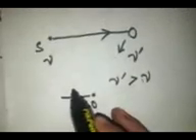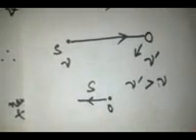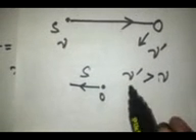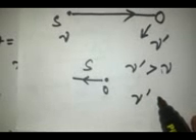Suppose this is the observer, and the source is moving away, like a bus getting farther away from you. In this case you get the opposite. The frequency heard by the observer will be less than the actual frequency produced by the source.